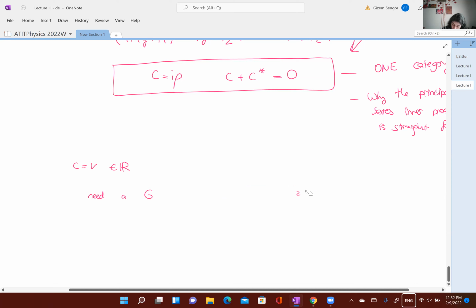So you need something, let me write it like this, that takes LC and sends it to L minus C, okay? Such an operator exists, and it turns out to be invertible.